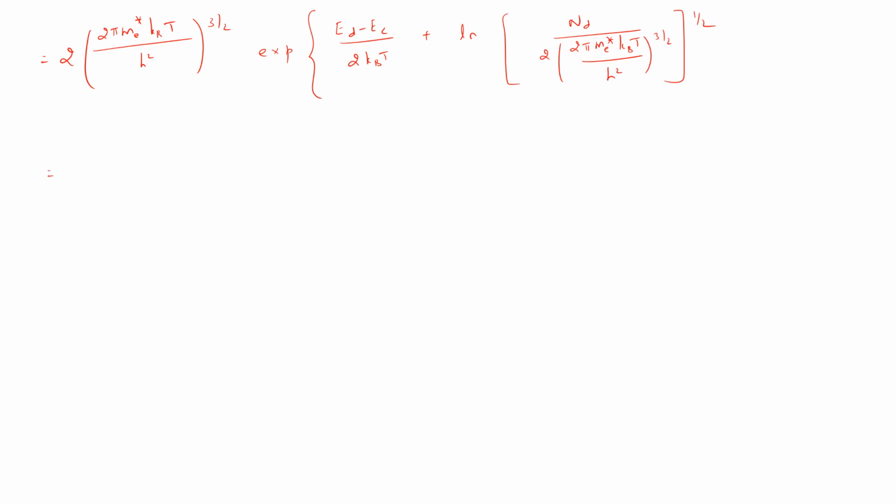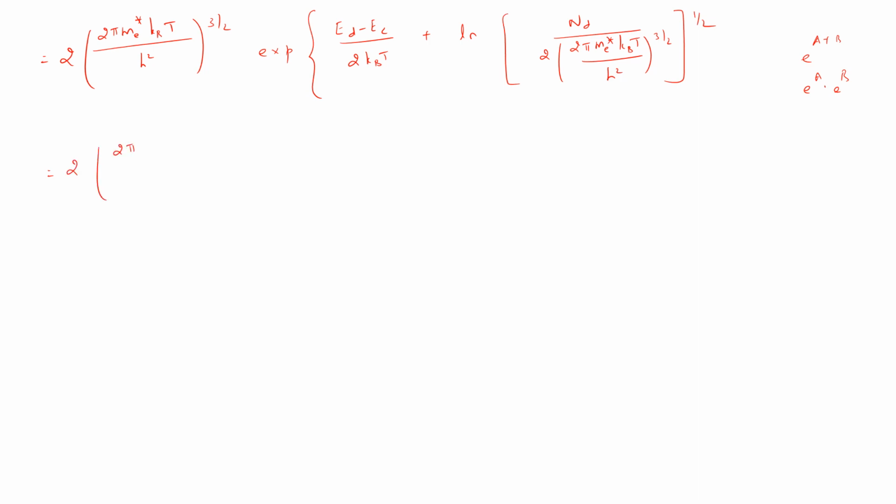So exponential of this term multiplied by exponential of the next term. See, exponential a plus b is nothing but e power a into e power b. So apply that.